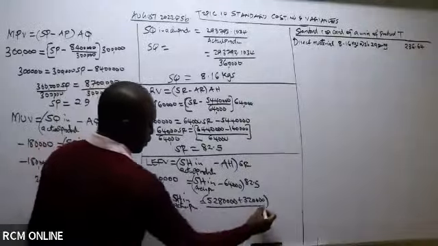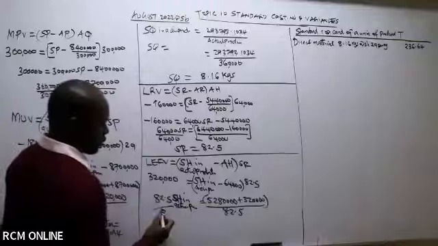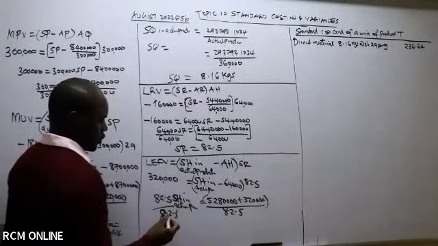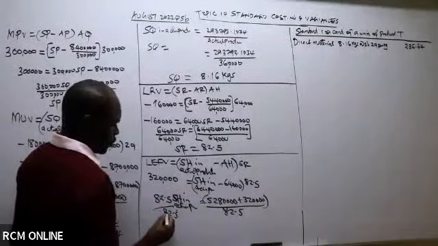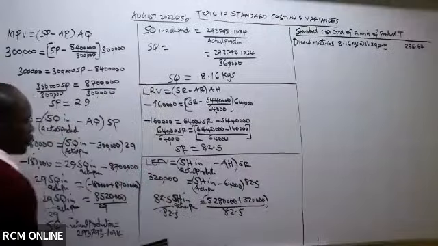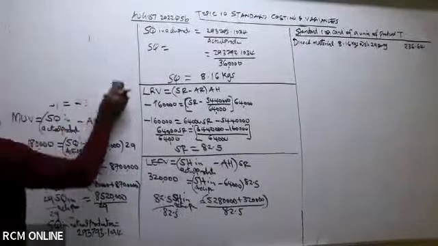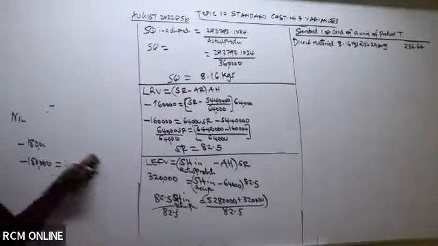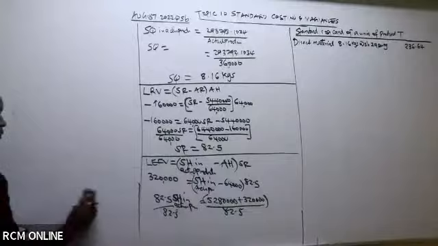So that's divided by 82.5. Good. So what is your standard hours in actual production?